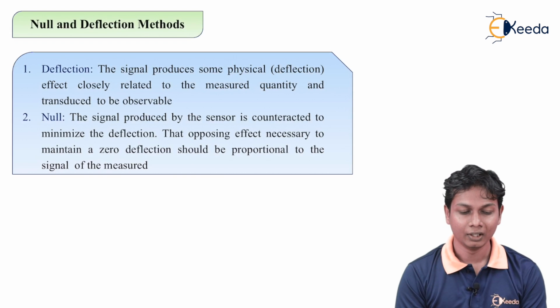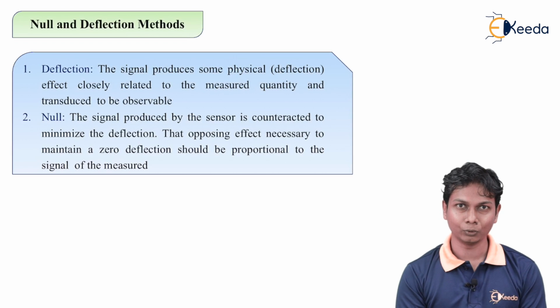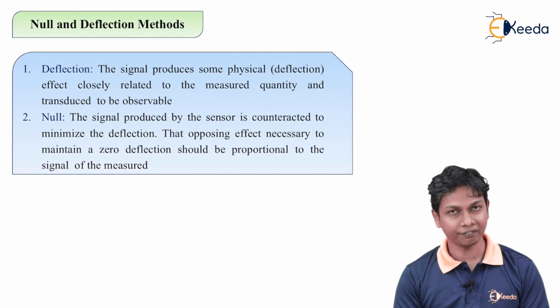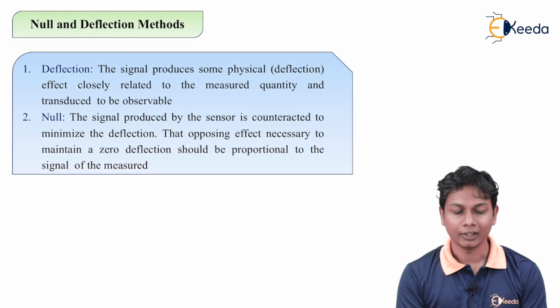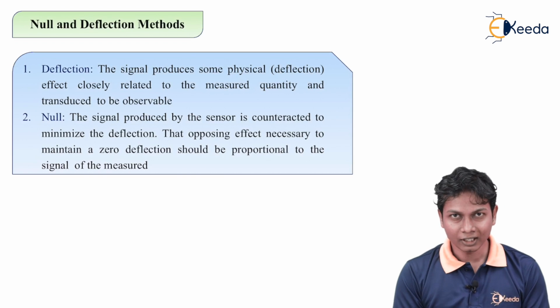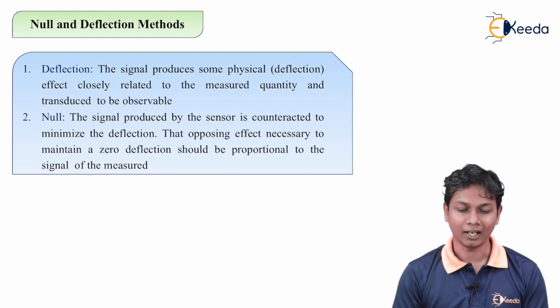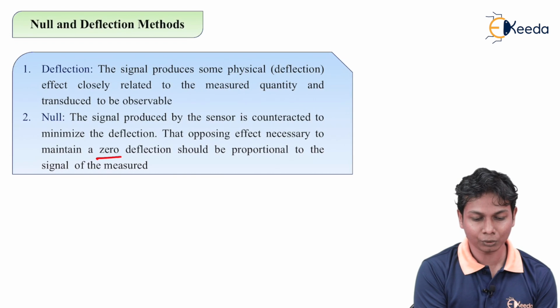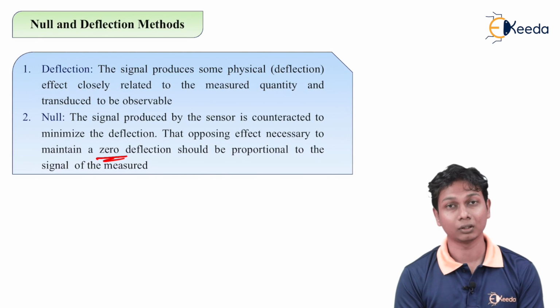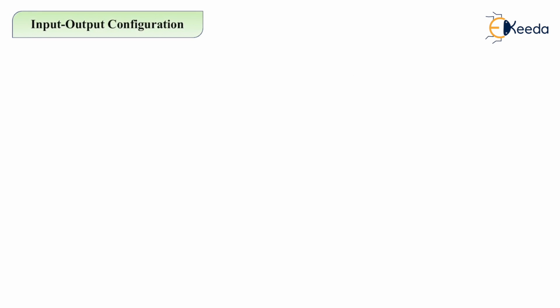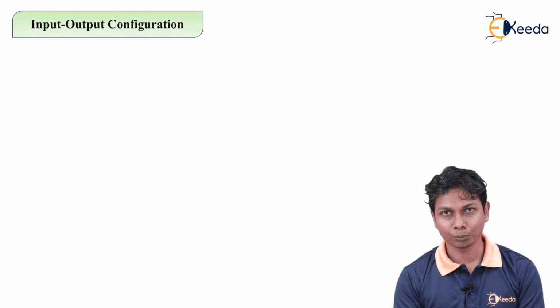Means what? Whatever deflection is going to happen should be nullified, or you can consider it as removing it, and we get a zero deflection. That is called the null method.